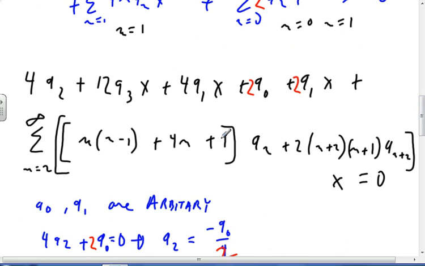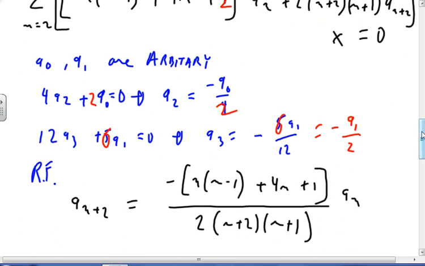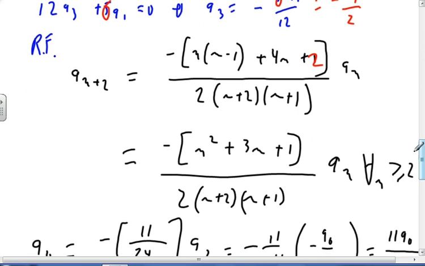See this 2? Okay, now I've got that 2. This becomes a 2. This becomes an n squared minus n, giving me that, plus 2.